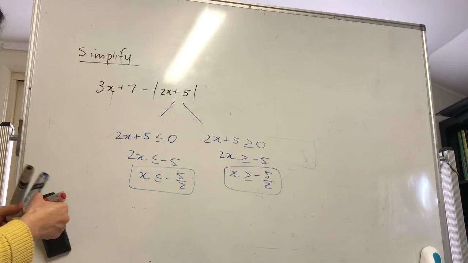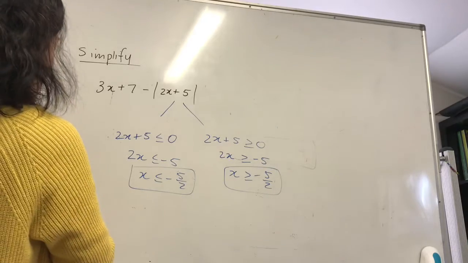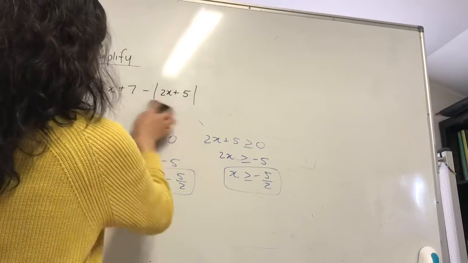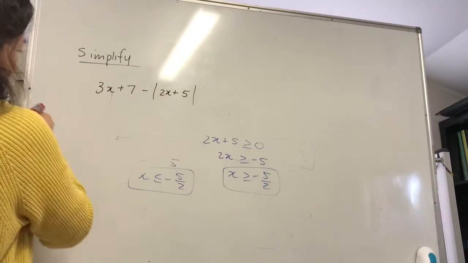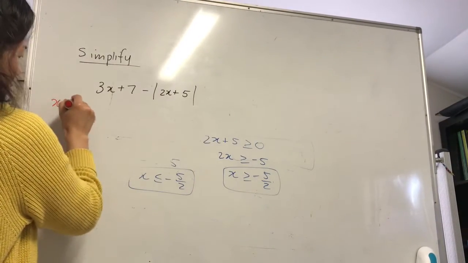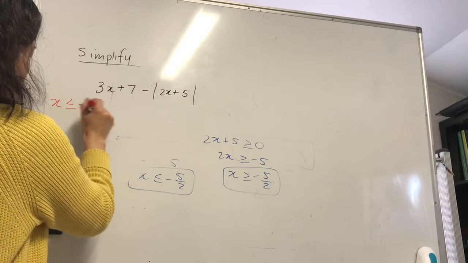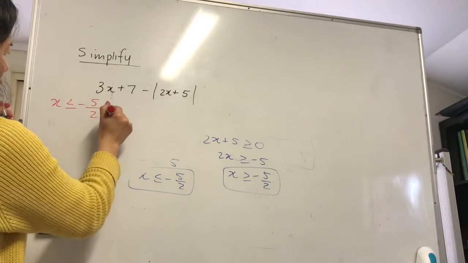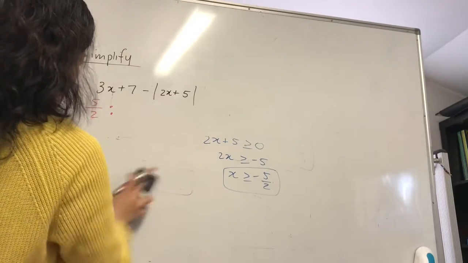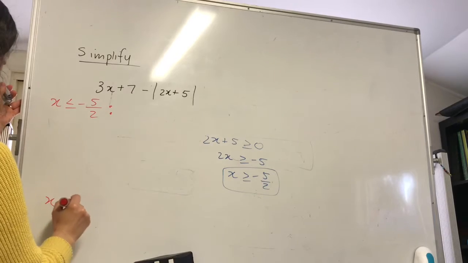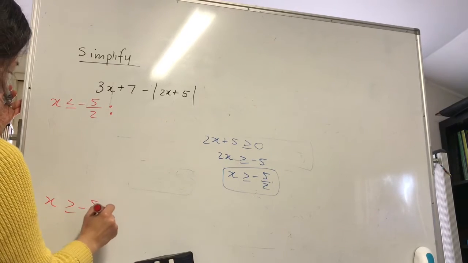What I'm going to do is get rid of this and keep this as when x is less than or equal to minus 5 over 2, and then I will do the other one, x is bigger than minus 5 over 2.